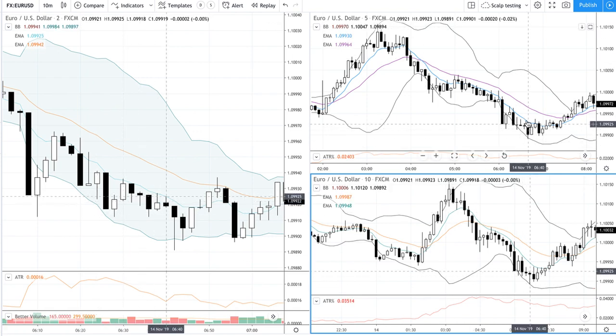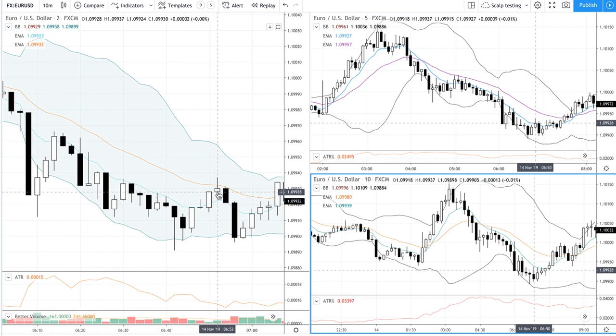So we haven't got a pullback to the moving averages. So this is no trade. Very difficult decision. We get another shooting star candle here at 6:52.